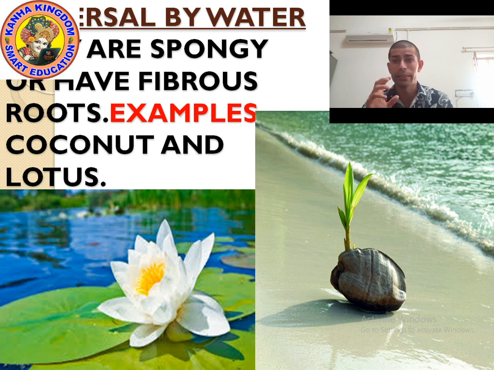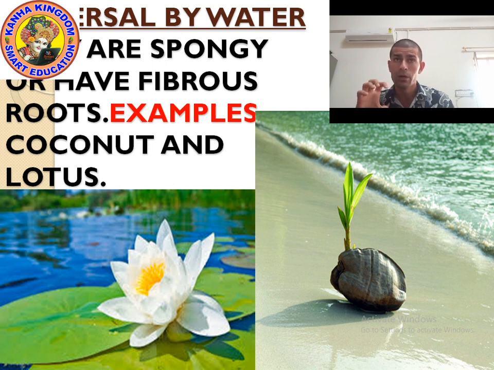Have you ever eaten coconut? Yes, you might have eaten. Have you seen the lotus plant? Yes. These coconut and lotus plants can move away from one place to another place. They can scatter away with the help of water.